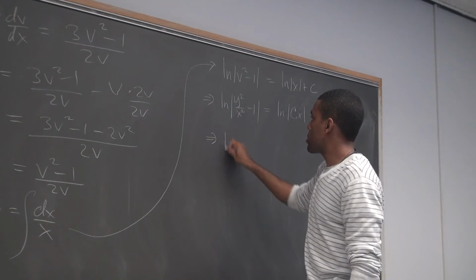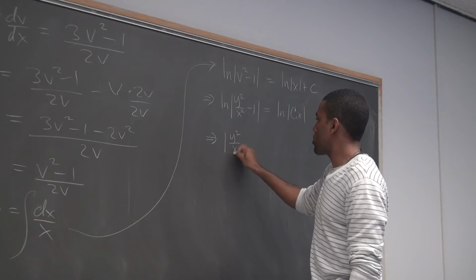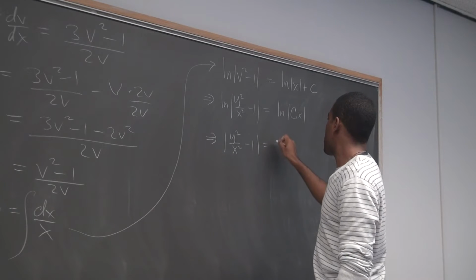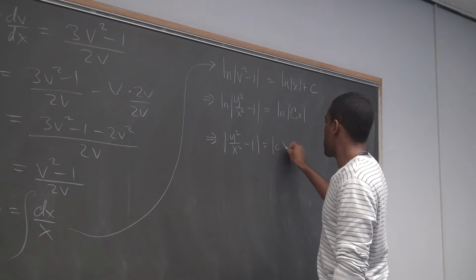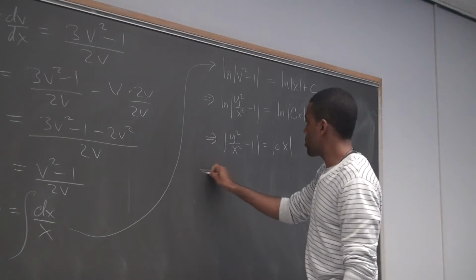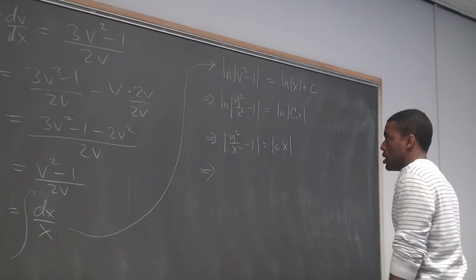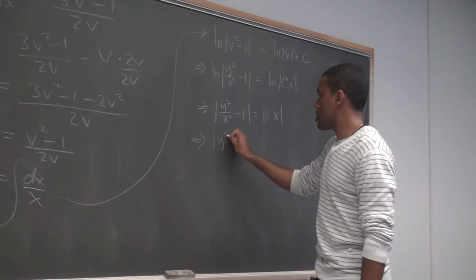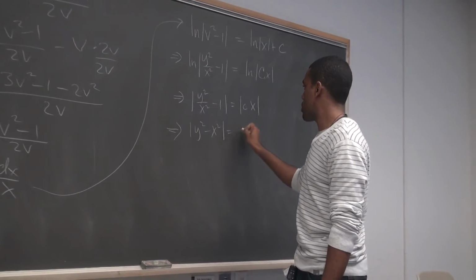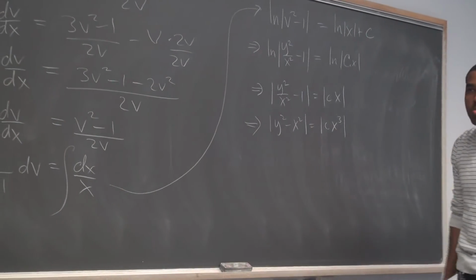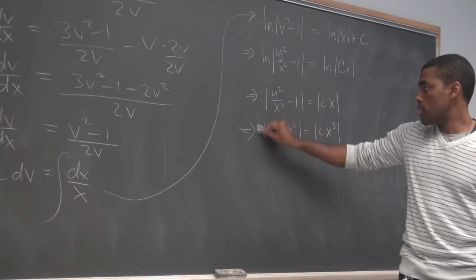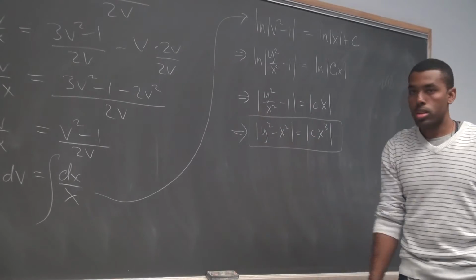Then I can just multiply both sides by x squared, and I can take that to be the solution.